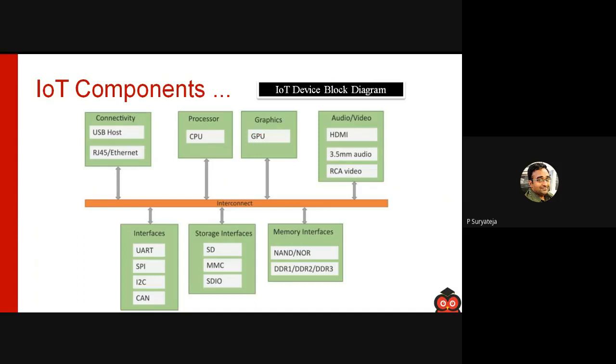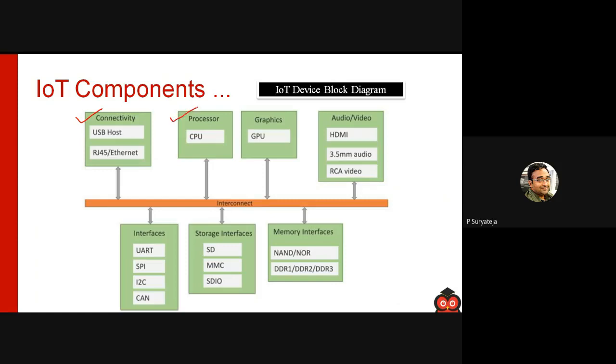So this is the block diagram of an IoT device. If you open an IoT device, what are the different components you can see inside? You can see connectivity components, that is for sending and receiving data.